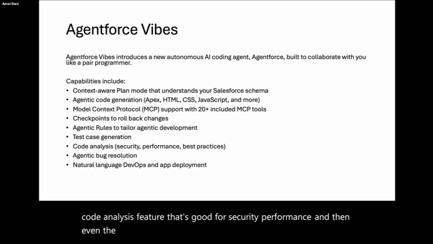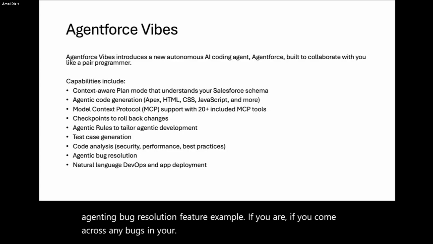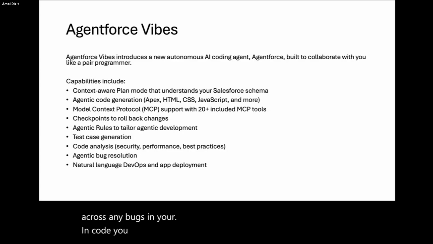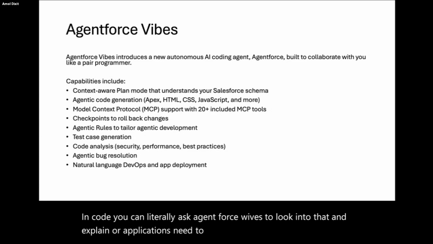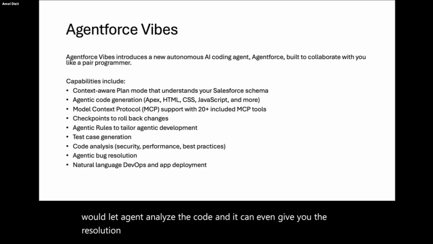And the best thing is the agentic bug resolution feature. If you come across any bugs in your existing code, you can ask Agentforce Vibes to look into them. You just need to provide the proper prompt so the agent can analyze the code, and it can even give you a resolution, saying this is where the issue could be.